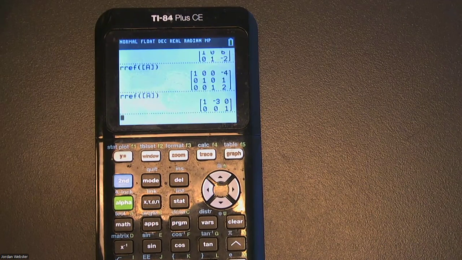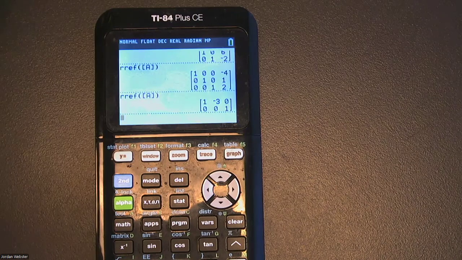So when I do my row reduced echelon form, I do not get the nice ones on the diagonal that I've gotten so far. I get 1, negative 3, 0.